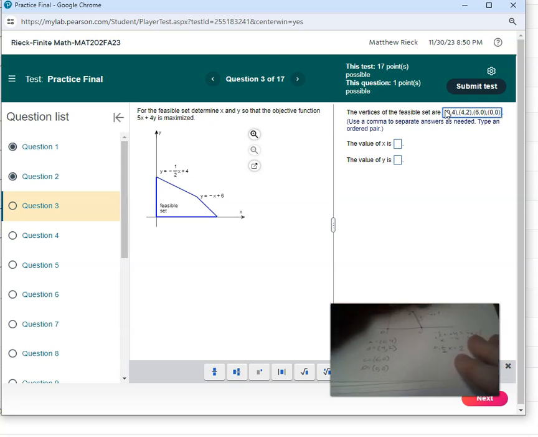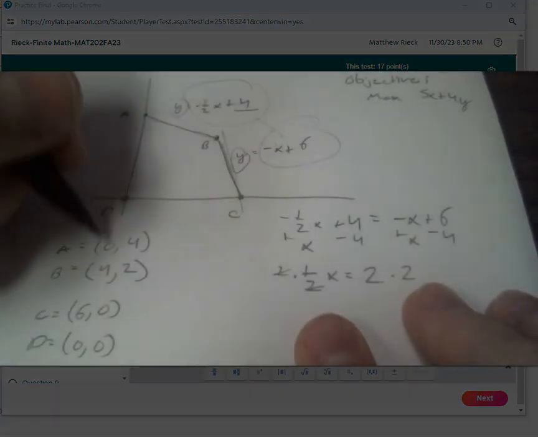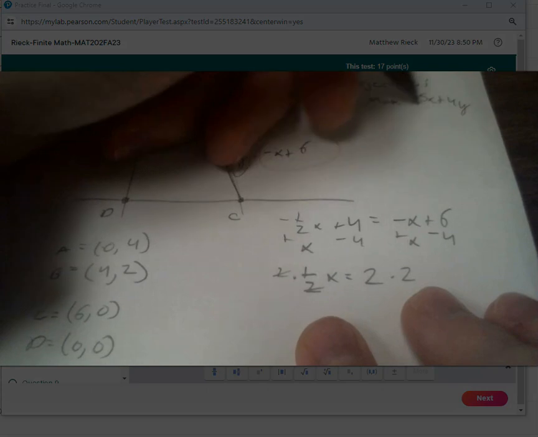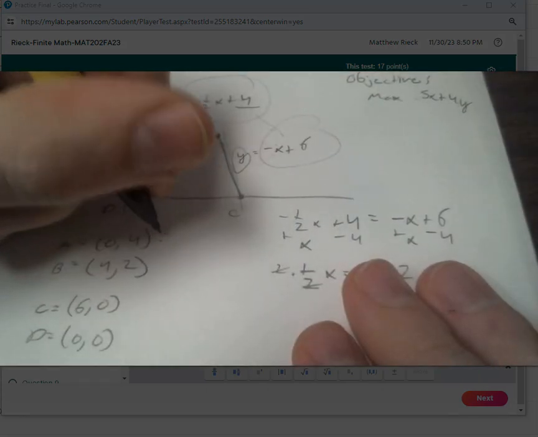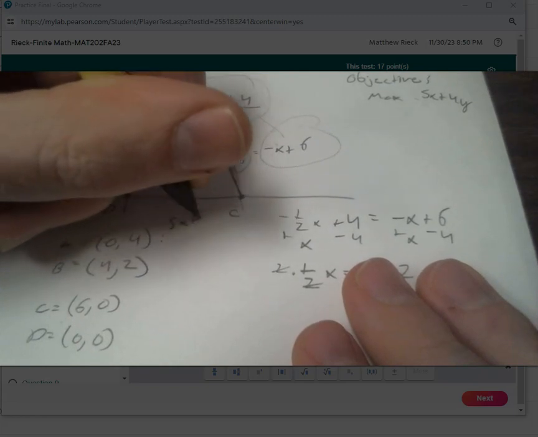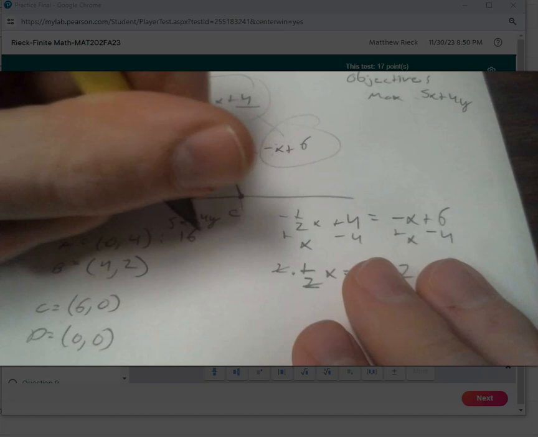All right, and then my objective function is to maximize 5x plus 4y. I'm just going to plug in each of these values for x and y in my objective function, and I'm looking for the one that gives the largest value. So 5x plus 4y: I plug in 0 for x and 4 for y, and I end up with 16.